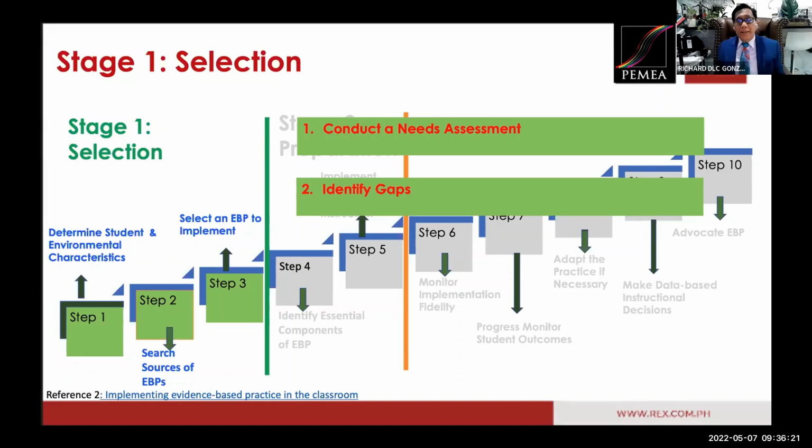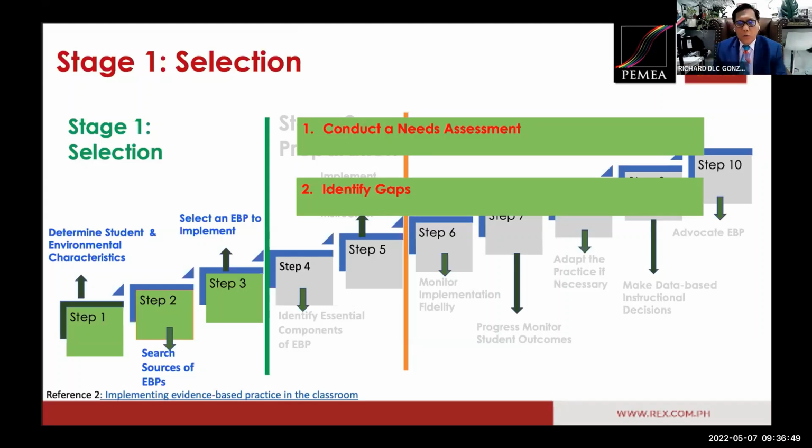Look at existing programs that are not producing changes. Probably you have implemented a lot of programs. That's the beauty of EBP: as long as you develop it well, you don't have to go through trial and error. Look at the programs that are not producing the changes in your school that they are intended to impact.